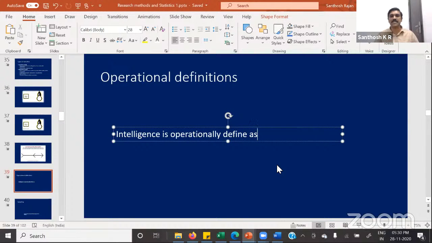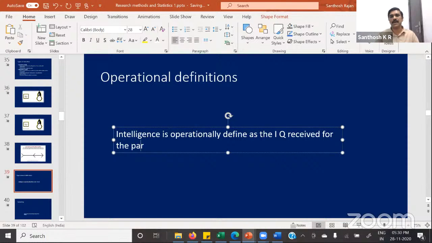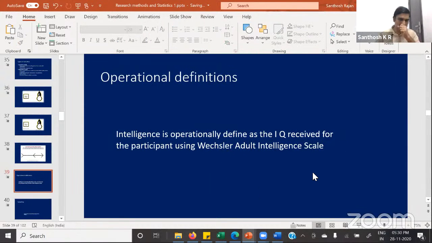So intelligence is operationally defined as the score or the IQ, intelligence quotient, received for the participant using the Wechsler Adult Intelligence Scale.